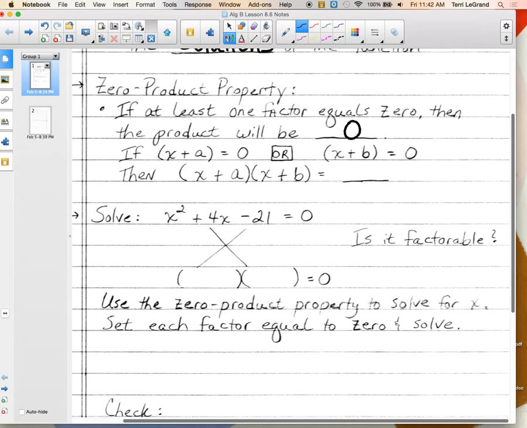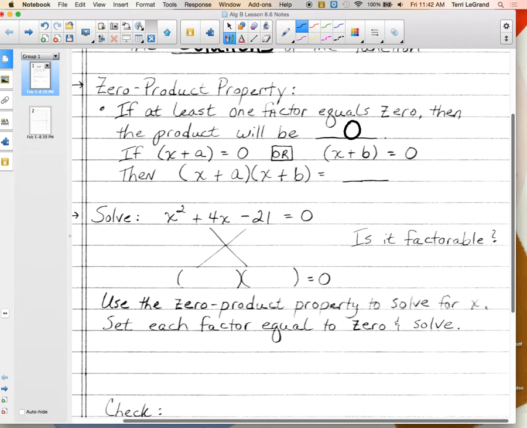So here it is stated algebraically, because this is what's going to happen to us today. If you have a binomial and it equals 0, or another binomial and it is equal to 0, one or the other, they don't both have to be, just one of them has to be.